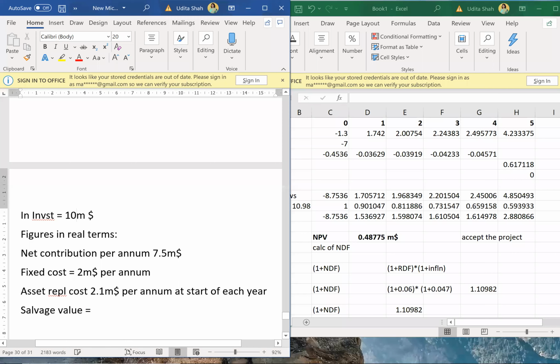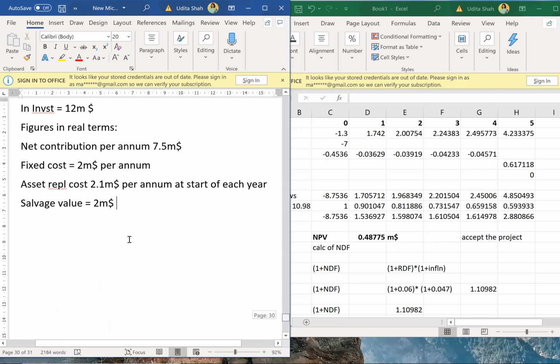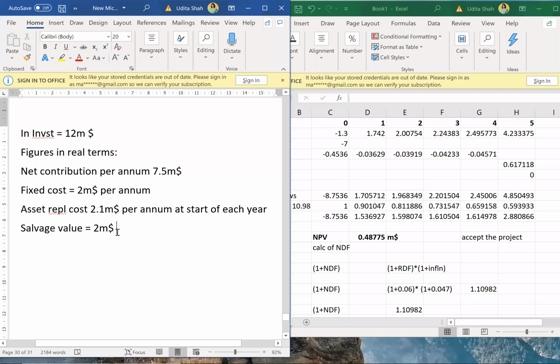So let us put initial investment as 12 million, salvage value as 2 million. I'll put this as pre-tax salvage value.